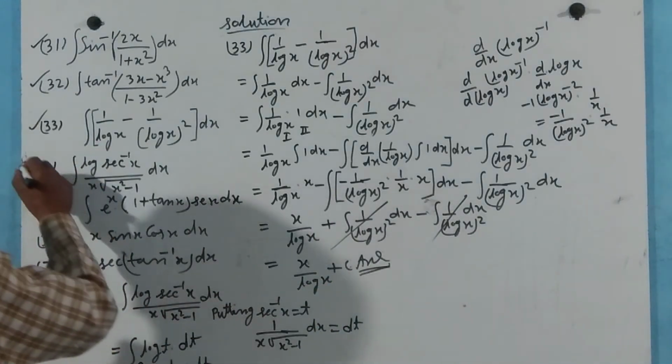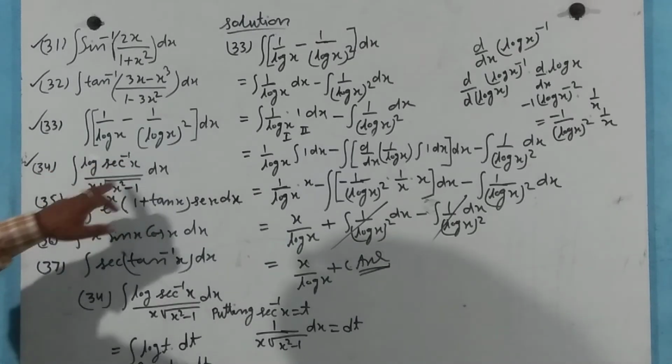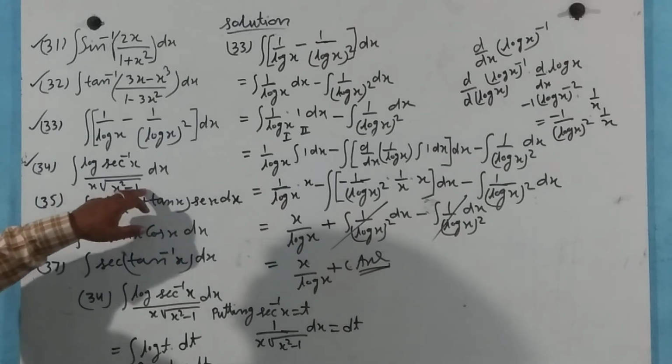Now we take question number 34: the integration of log of sec inverse x divided by x times the square root of x square minus 1, into dx.